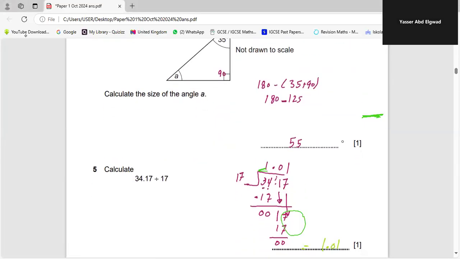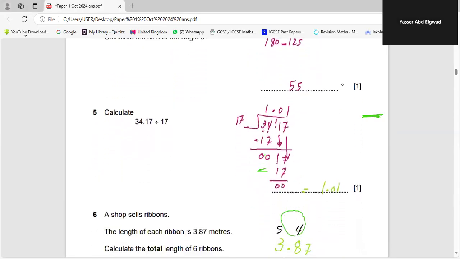Number 5. When you have a division, here is we have a trick. When you divide, we do dad, mother, sister, brother: divide, multiply, subtract, bring or drop 1 digit.